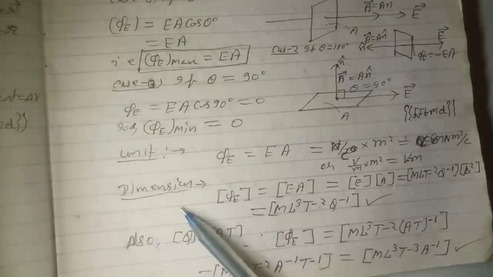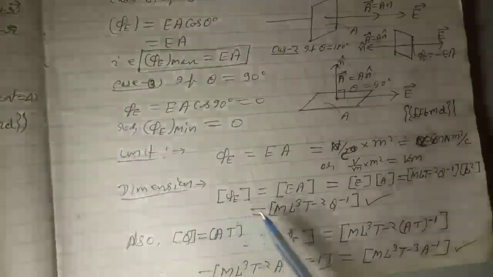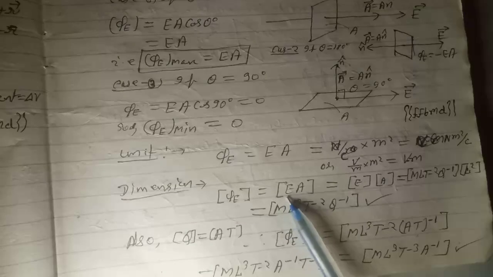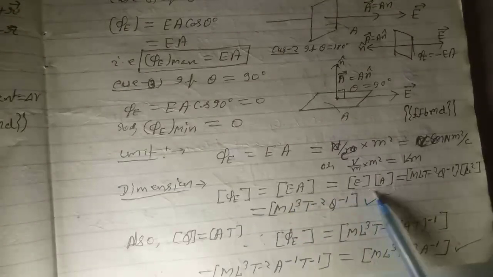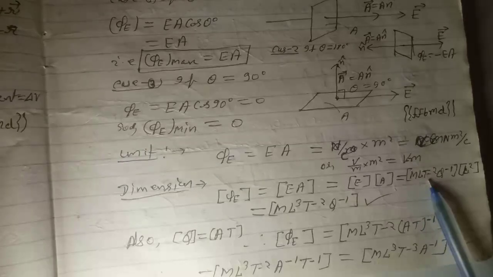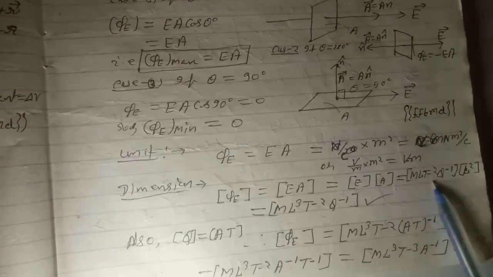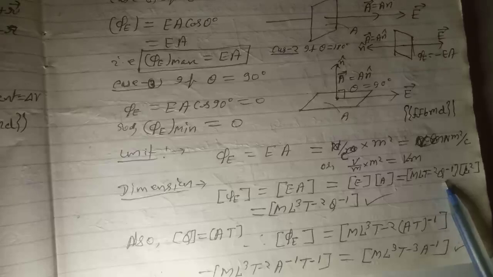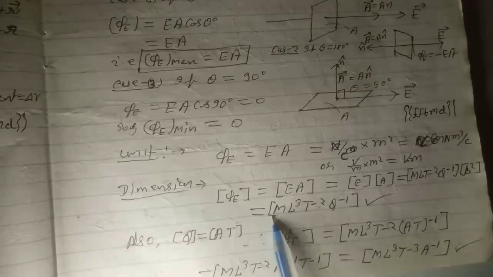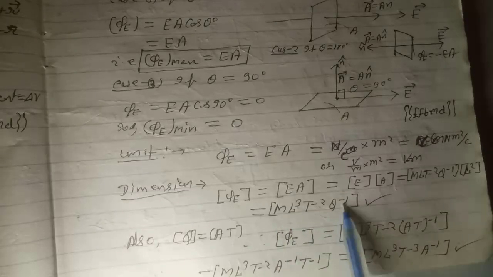And dimension: phi equals EA. So the dimension will be dimension of E into dimension of A. The dimension of E we have calculated as M L T^-2 Q^-1 in the MKSQ system, and area is L square, so we have M L^3 T^-2 Q^-1.